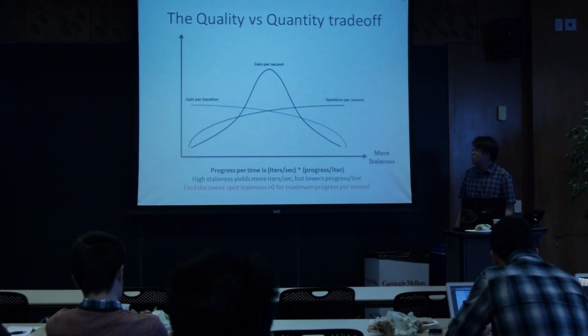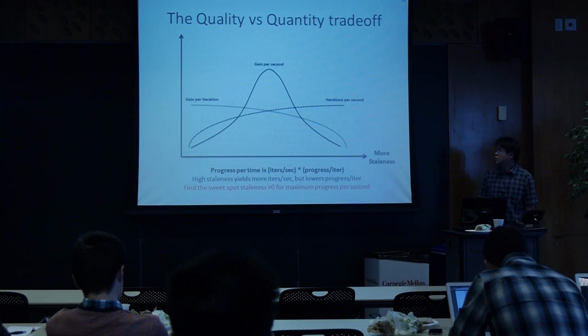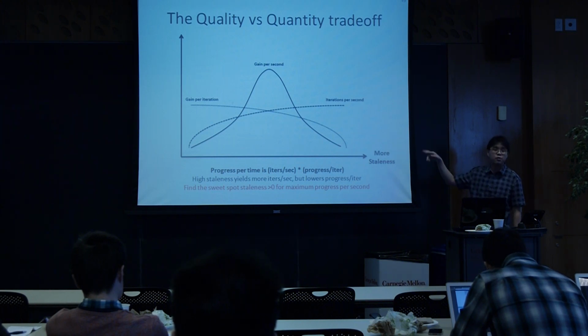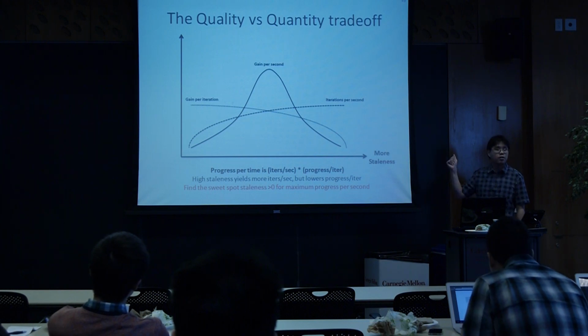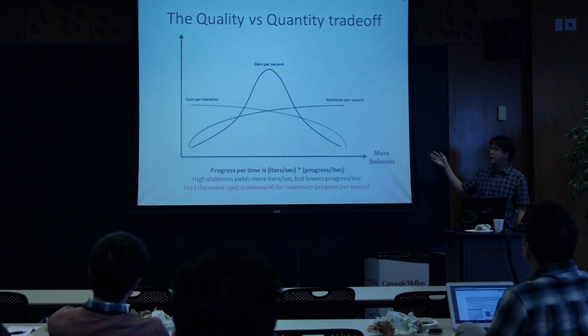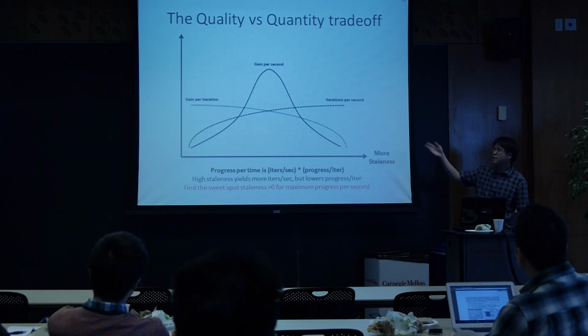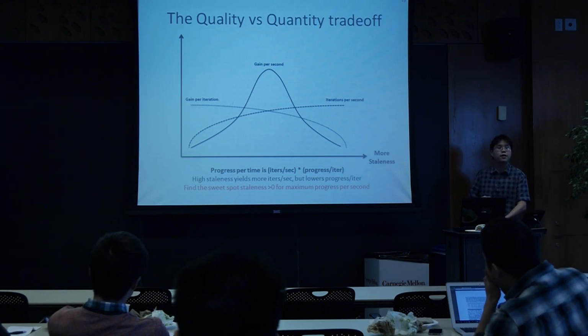Conceptually, you have a trade-off like this. As you push staleness from 0 towards infinity, you get more and more iterations per second, but you get diminishing returns as you go right. The gain per iteration, on the other hand, you continue to lose. In this case, I've drawn it as a curve. It actually depends on the problem. For some problems, it's going to be a straight line. For other problems, it may have some more complex behavior.